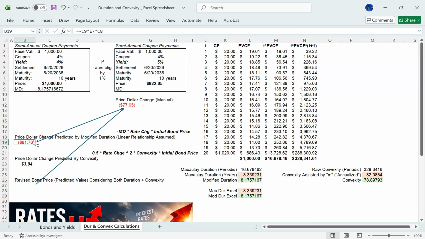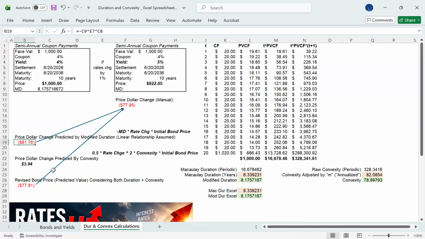This is the adjustment that we get from modified duration. And then this is the adjustment we get from convexity. When we add the two, things are bad, but they're slightly better. And now we get 77.81 as the price drop that is predicted when we consider both the duration and convexity.